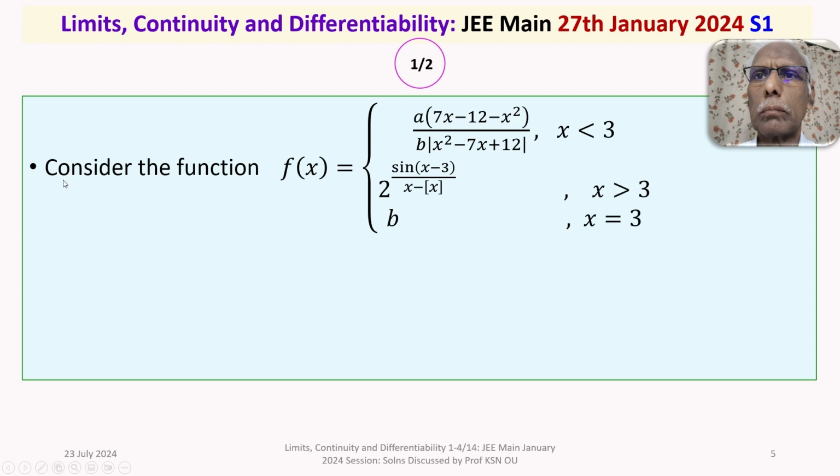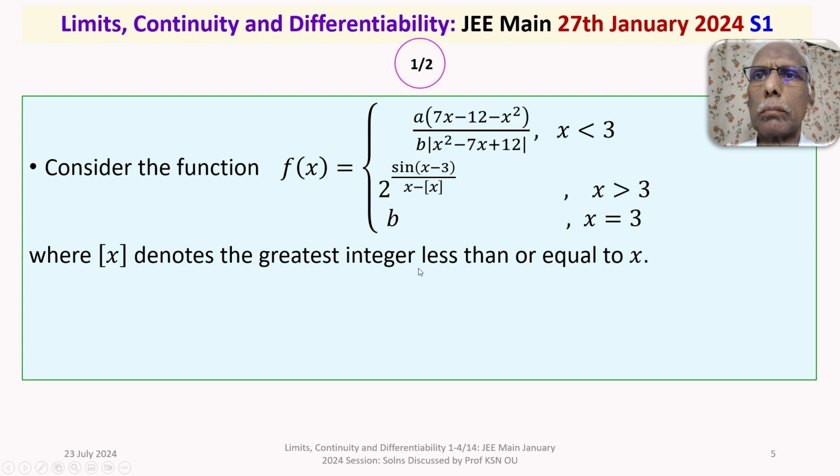The given question is: consider the function f of x defined as a times (7x minus 12 minus x square) by b times mod of (x square minus 7x plus 12) when x is less than 3; f of x is equal to 2 power sine of (x minus 3) by (x minus [x]) when x is greater than 3; and f of x is equal to b when x is equal to 3, where [x] denotes the greatest integer less than or equal to x.